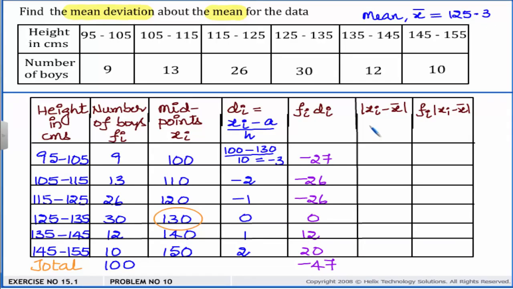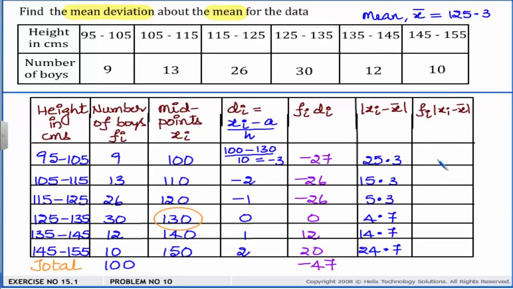Now, let us find out the absolute deviations from the mean, that is modulus of xi minus x bar. So this is equal to modulus of 100 minus 125.3, which is equal to modulus of minus 25.3, which is equal to 25.3. Likewise, we can calculate for the remaining data. Now let us find out the product of fi and modulus of xi minus x bar.